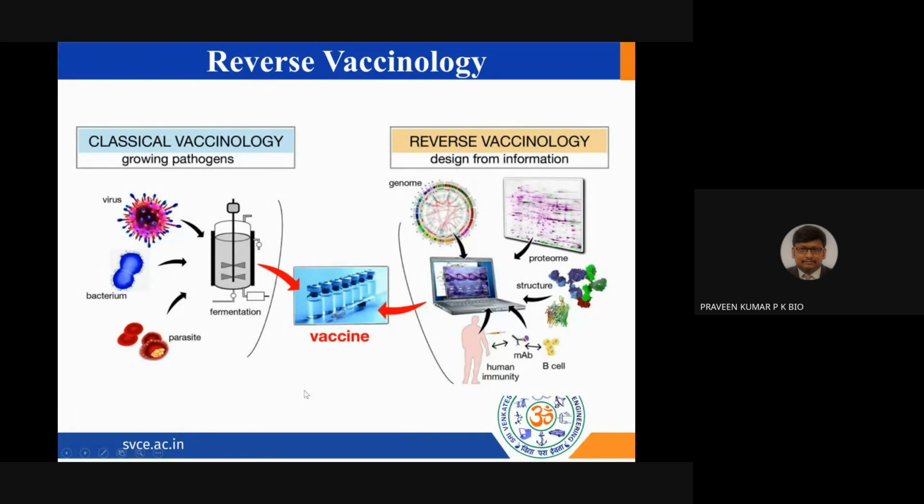In immunoinformatics, one of the major areas to work on vaccine design is reverse vaccinology. Before going to reverse vaccinology, one should understand what is classical vaccinology. I think everyone knows that biotechnology gained popularity only because of vaccines.